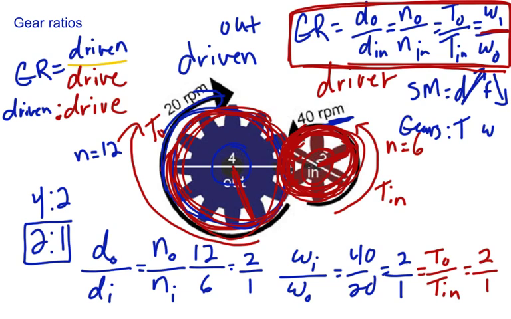Gear ratios greater than 1 mean that you're multiplying your torque. You're going from a small to a big gear, so you're putting in a small amount of torque and getting a big amount of torque. That also means you're putting in a high amount of RPMs, and you're going slower up here.